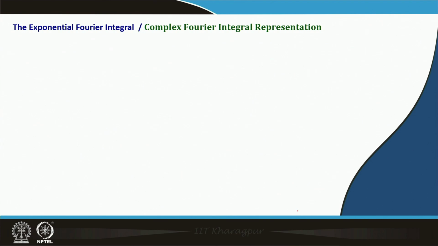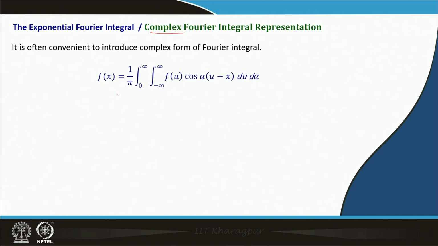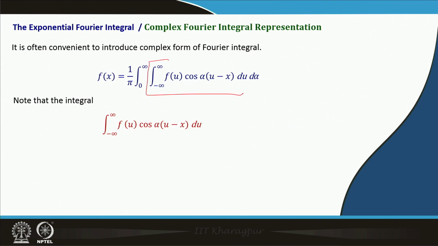Just to begin with this complex Fourier integral representation, we will start with the Fourier integral representation, which was given by this integral, which has f(u) and cos alpha(u minus x) du in its representation. What we should notice here is this inner integral, which is basically the integrand of the outer integral.